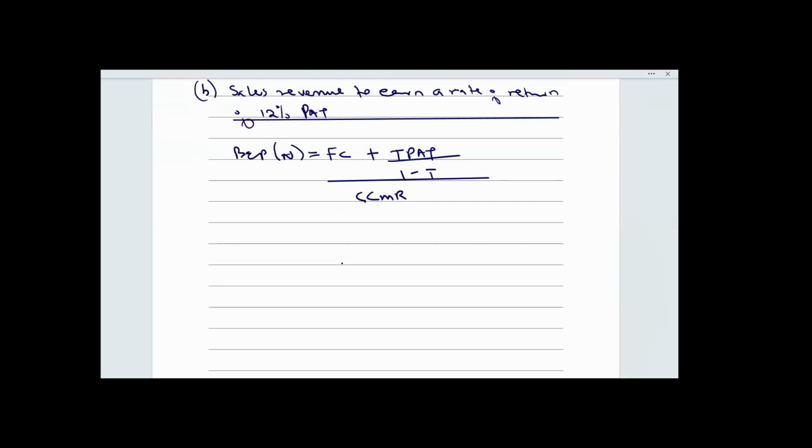So instead of break-even point in Naira, you call it sales revenue. The 12% profit after tax is on sales revenue, which you don't know, so you select sales revenue equal to X.